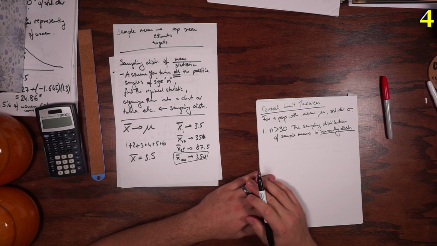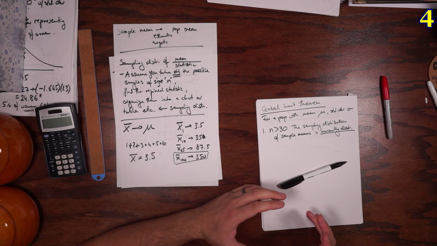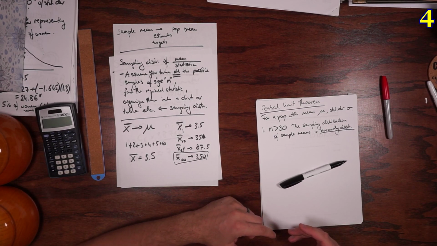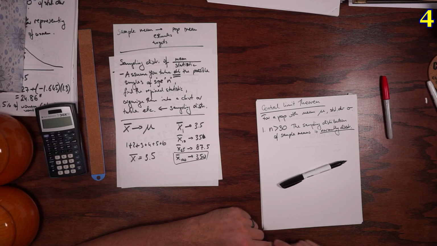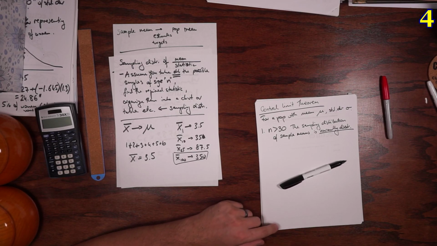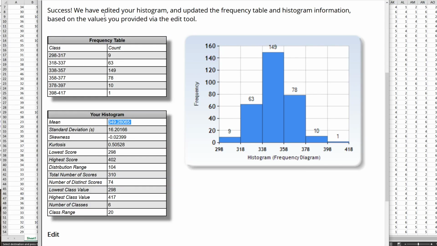And that's important, right? It means that whatever the population distribution was, and in our case the population of dice rolls is a uniform distribution, if we take a sampling distribution where our samples are bigger than 30, we are going to get a normal distribution.